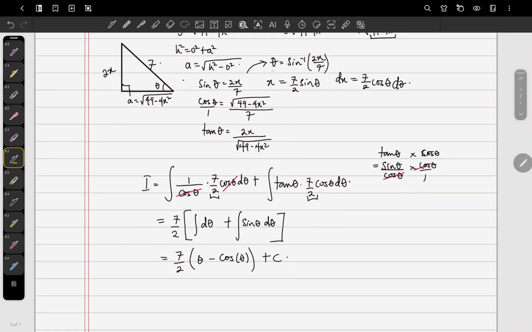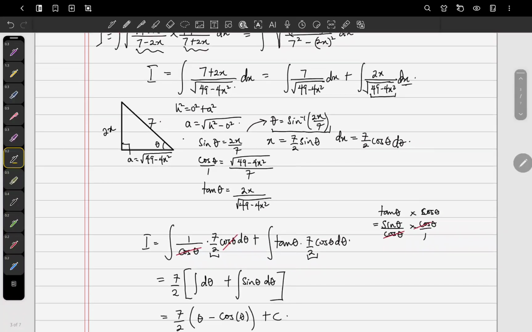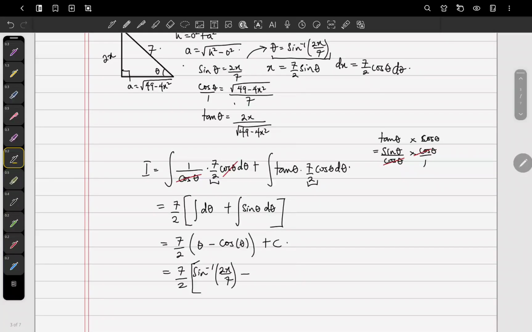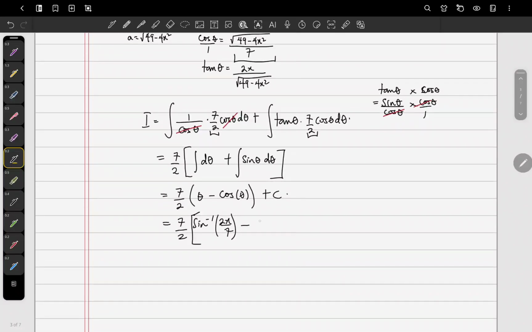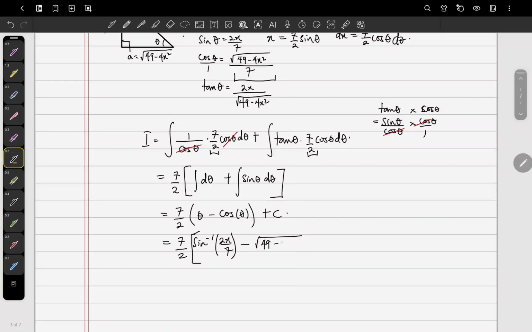And remember that theta is equal to sine inverse of 2x over 7. So this becomes 7 over 2 times sine inverse of 2x over 7, then minus cos theta. We've seen cos theta here to be the square root of 49 minus 4x squared over 7, plus c.